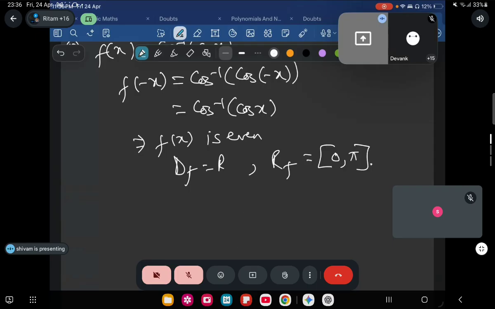Before drawing the graph, let us understand the branches. If y equal to cos inverse cos of x, this implies cos y equal to cos x.